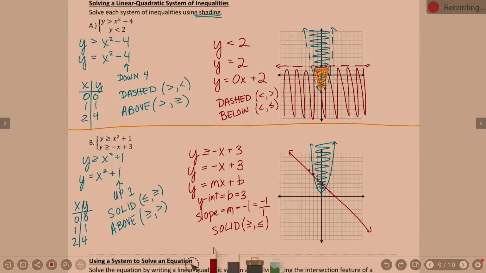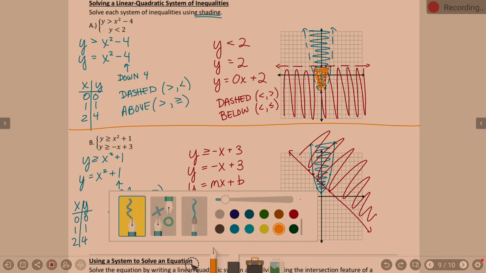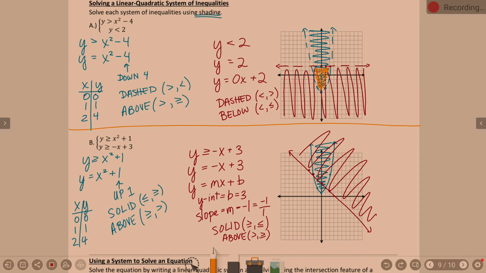And where am I shading? Above. It was greater than. So any type of greater than tells me to go above. Where's our final answer?